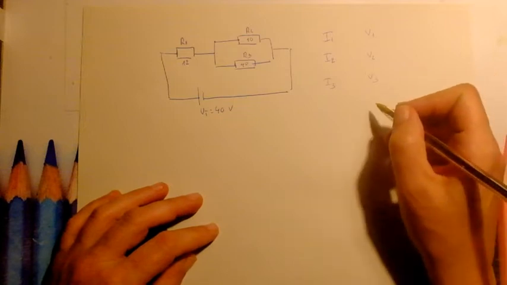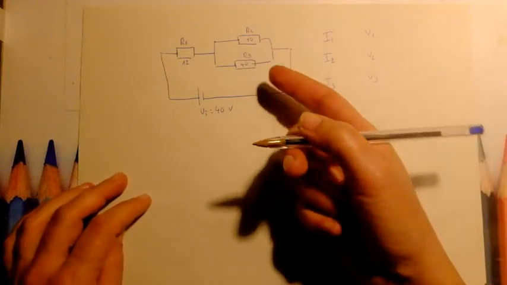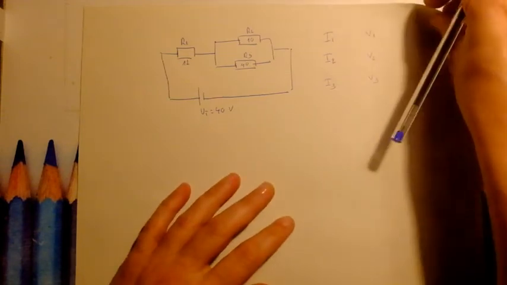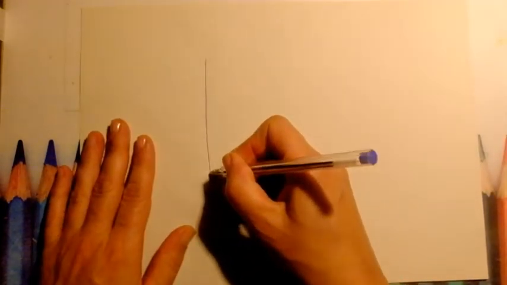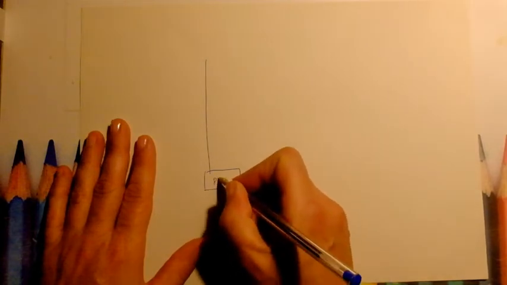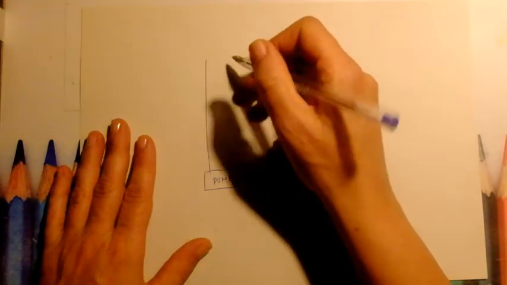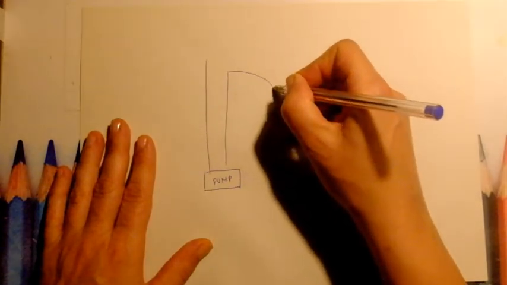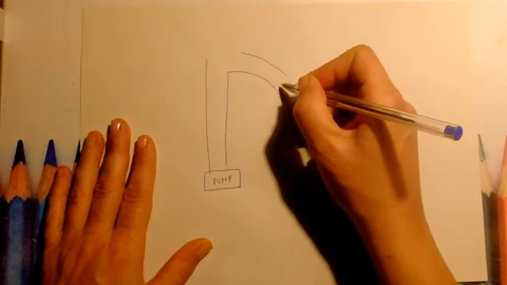First of all, we need to understand what's really happening here with current and voltage. And to understand that, we can go to our idea of a battery like a water pump and an electrical circuit like a water circuit.